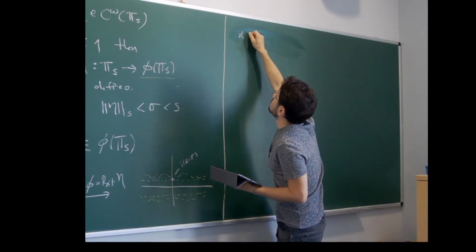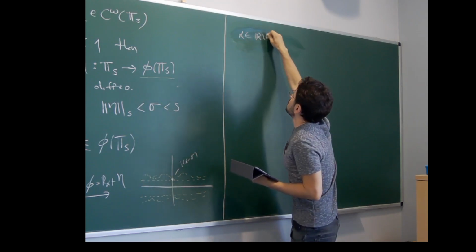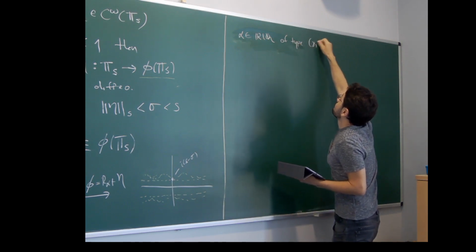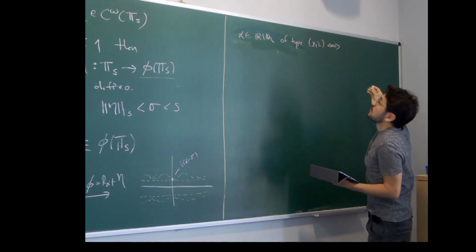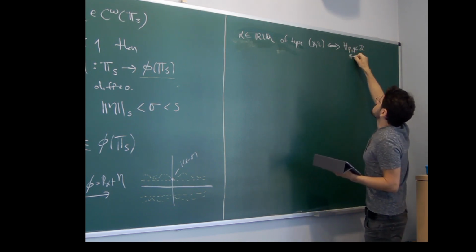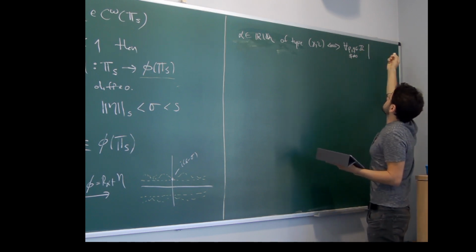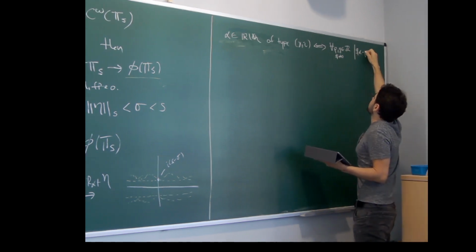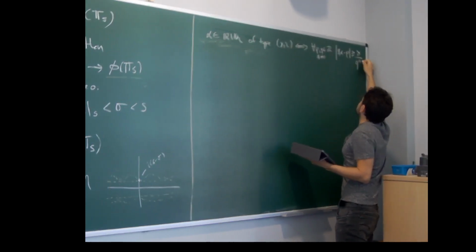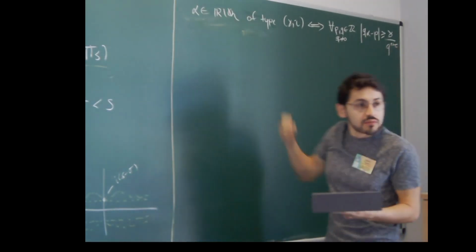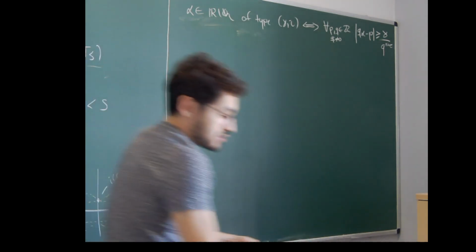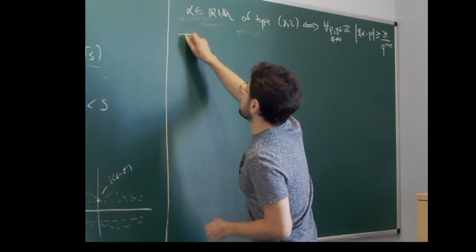Just to recall, an irrational number alpha is of type gamma 2 if and only if for every two numbers p and q, with q different from 0, |q alpha minus p| was bigger or equal than this constant over q to the 1 plus 2. Basically, some kind of Diophantine condition. So just to recall it. And now the statement of the theorem, what I want to show today.